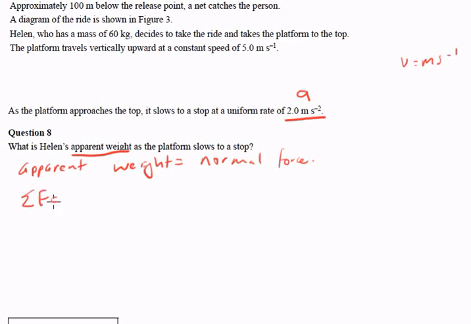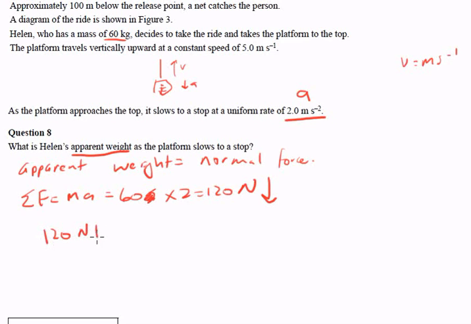The total force equals ma, she's 60 kgs, or 60, times 2 is 120 newtons. Now, if she's slowing down, she was in her lift, there she is in the lift, it's going up, but she's slowing down, therefore the acceleration must be going that way. So the total force in this case is a downwards force. That's her total force. 120 newtons downwards is a total force.